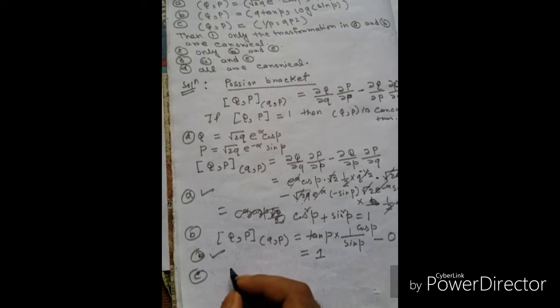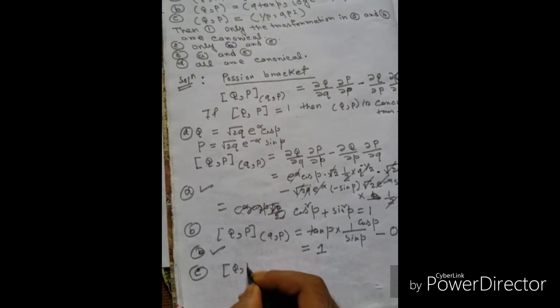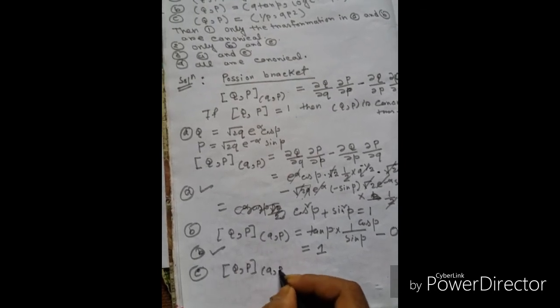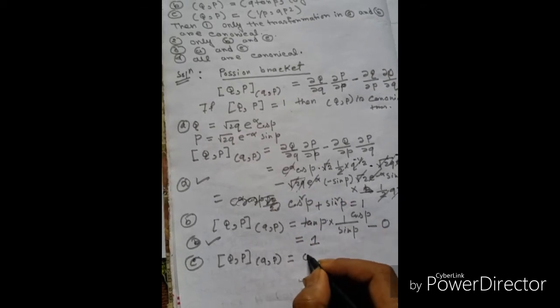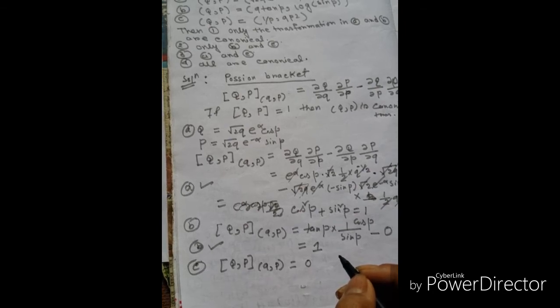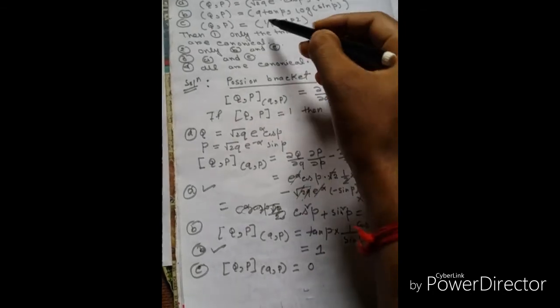Now check C. So the Poisson bracket of Q, P with respect to q, p, right? So first del Q del q is 0, because here 1 by p is only a function of p, and minus del Q del p del P del q.